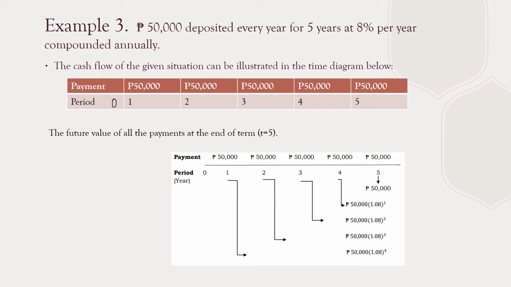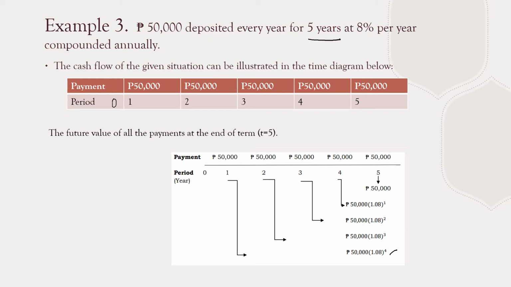The future value of the payments at the end of the term is this one. Ang term natin ay 5 since 5 years ang nakalagay dito. As you can see, yung 50,000 na hinulog niya during the first year, ito yung mas malaki ang tutubuin, kasi this will last for 4 years.